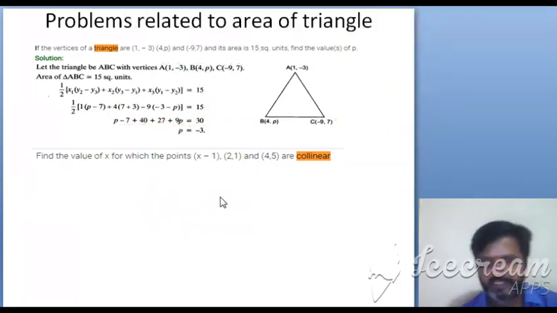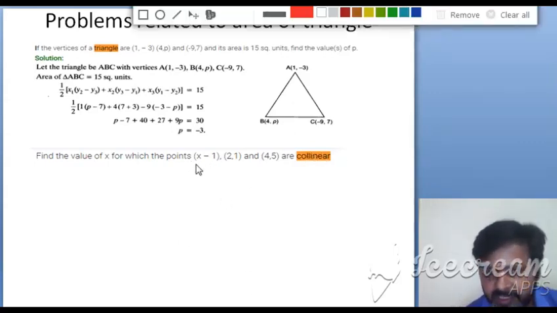Just now we have discussed collinear points. If the points are collinear, then the area of the triangle is equal to 0. There are 3 vertices given as x, minus 1; 2, 1; and 4, 5. I am going to take these vertices as x1, y1, x2, y2 and x3, y3.